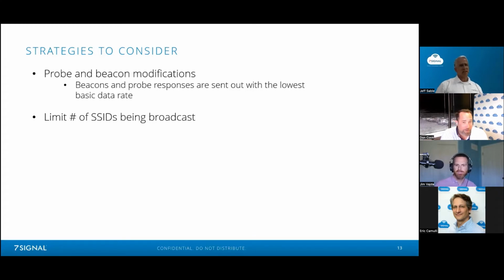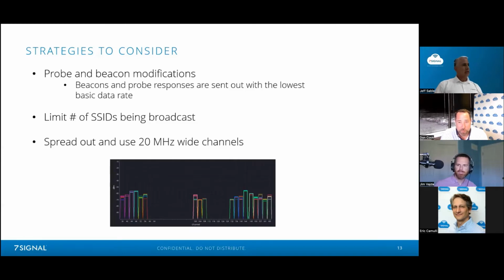Absolutely. So that's a benefit that some folks may not have considered or may not have been aware of. And another good rule of practice is just limit the number of SSIDs being broadcast, especially in a high density area. And we did trigger the chat room a bit with disabling the low data rates.